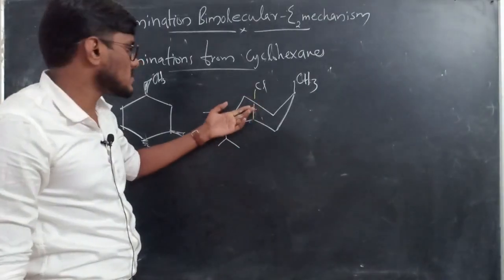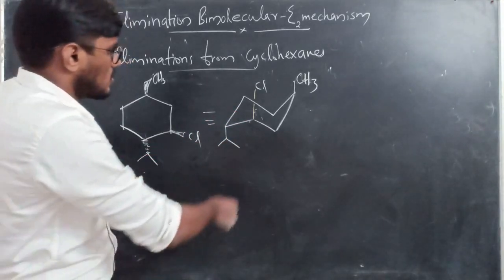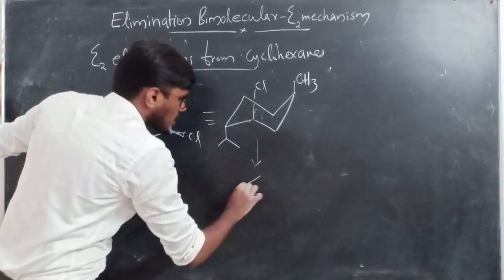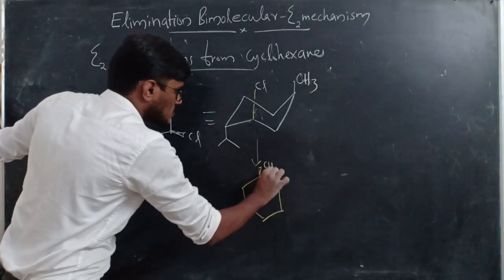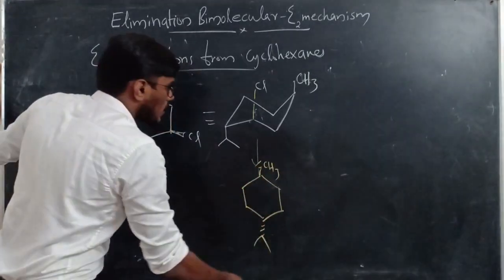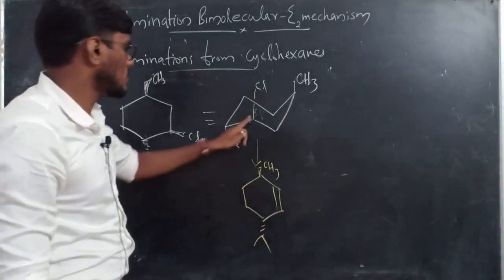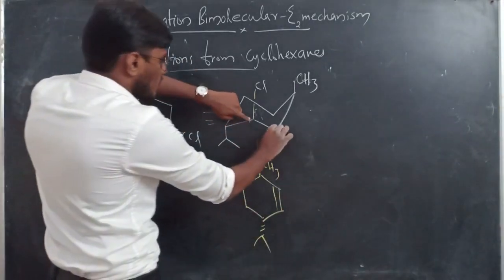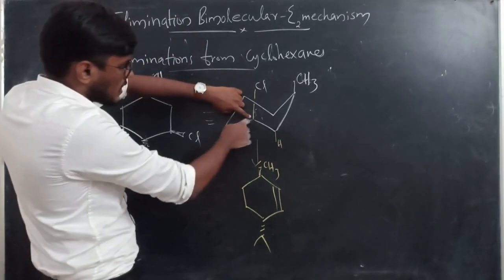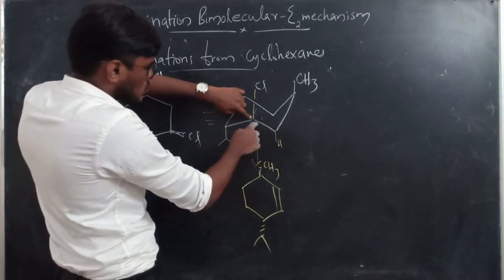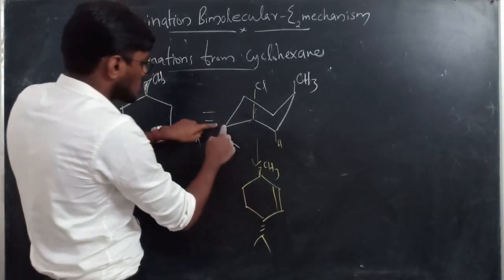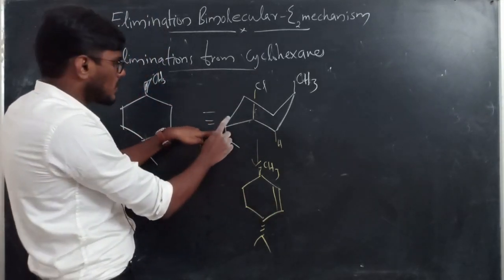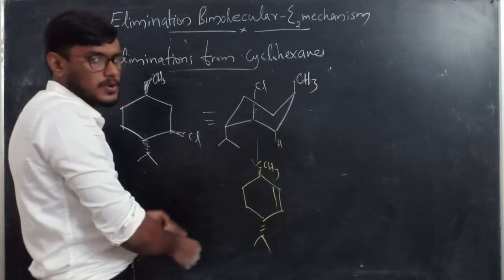So this is a less stable conformation, and if it undergoes elimination, the product is like this, CH3, isopropyl group and this one. Only one axial hydrogen is on the neighboring carbon, that is this hydrogen. So the double bond is formed between these two carbons. But this is not a stable conformation.